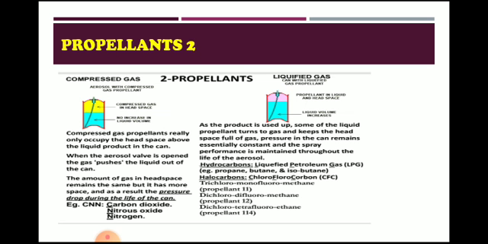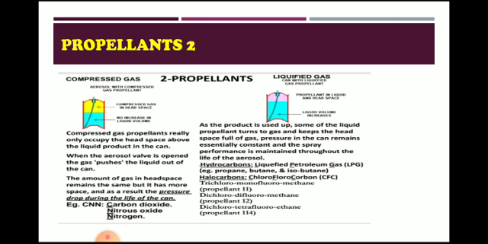Propellants are a compressed gas or a liquefied gas. Compressed gas propellants occupy the head space above the liquid product in the can. When the aerosol valve is opened, the gas pushes the liquid out of the can.